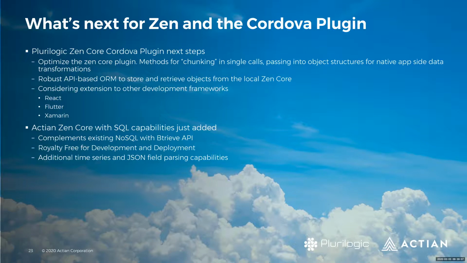We've actually added SQL capabilities now, the same full set of SQL capabilities that we have with any of the other versions of Zen, and therefore our entire product line is able to do both NoSQL and SQL. The other thing that we've done is we've made ZenCore royalty free for both development and deployment.